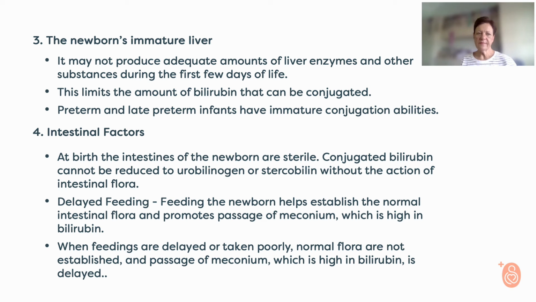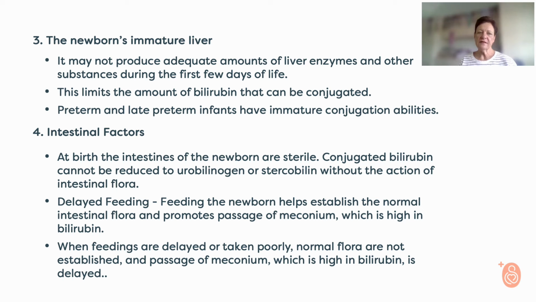Other factors that might contribute to the baby developing physiological jaundice include the fact that the baby's liver is immature. Remember, we've said that in the liver there are liver enzymes that help with the conjugation process that changes the unconjugated bilirubin to conjugated bilirubin, which is water soluble and can be excreted.